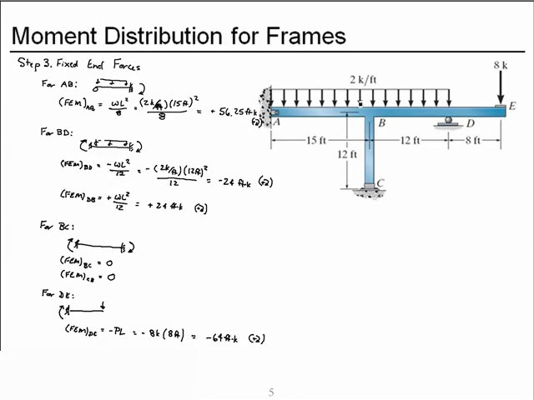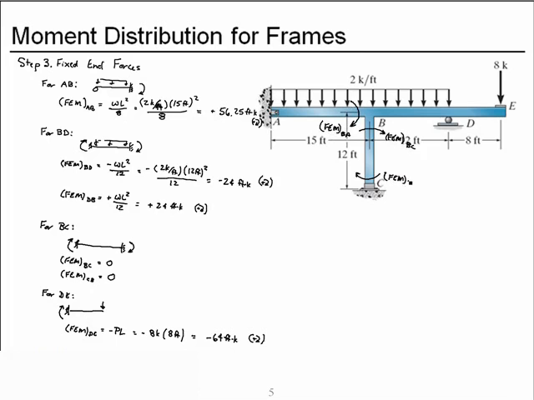And if I draw these up on our picture of the structure, with labels. This is the fixed end moment in member BA. This is the fixed end moment at the top of member BC.